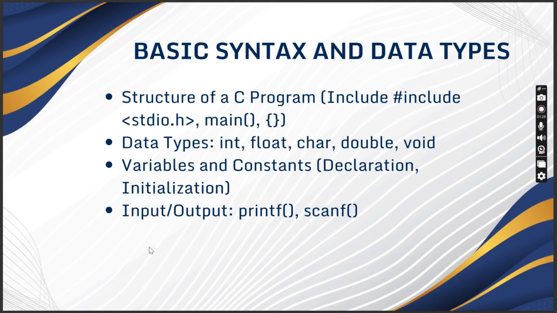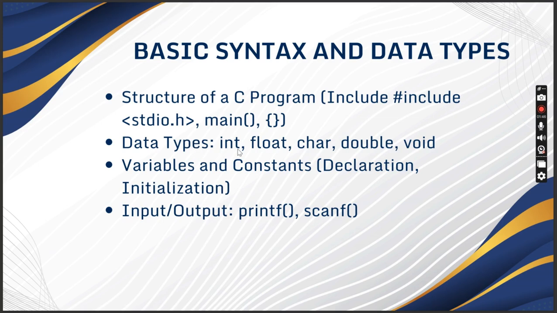Okay, next, this is the basic syntax and the data types. The structure of a C program: this is the standard header file used in C, #include <stdio.h>, and this is the main function.